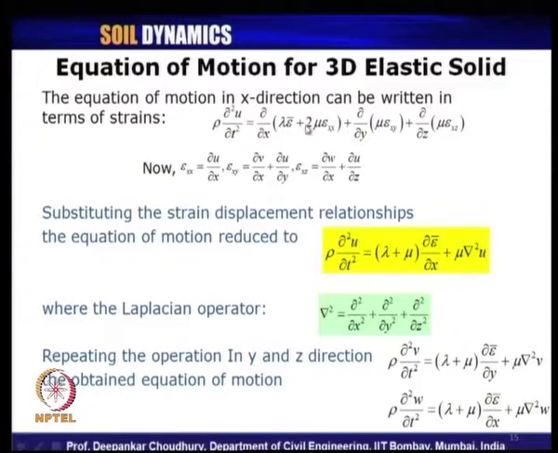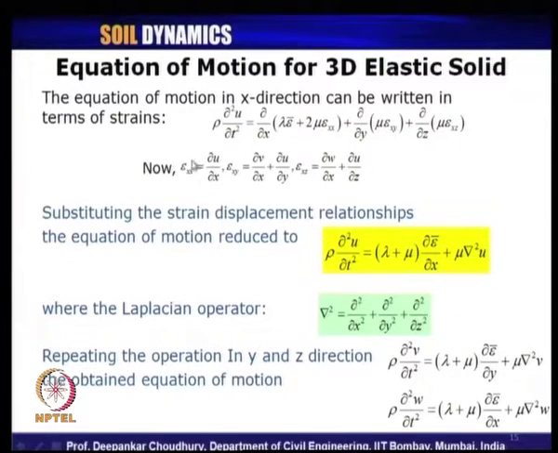This part is coming from the normal stress component, these two are coming from the shear stress components, and the left hand side remains the same. So, from stresses we have converted them in terms of strain using Lame's constants, because we are assuming that Hooke's law is applicable for the material. That is why we can write those stress expressions in this form.